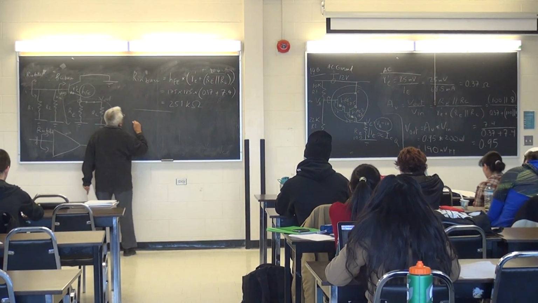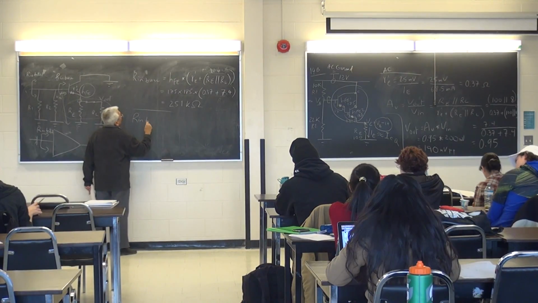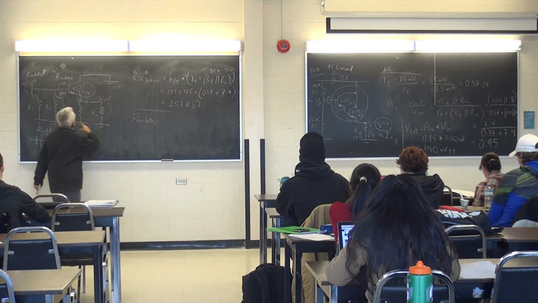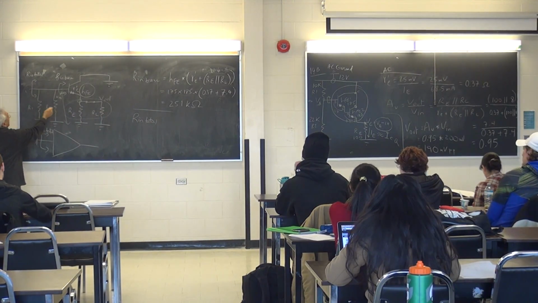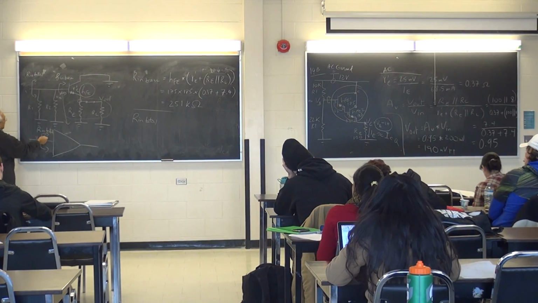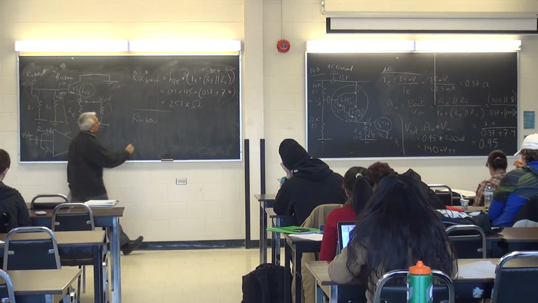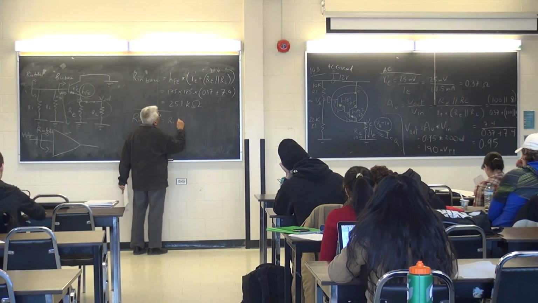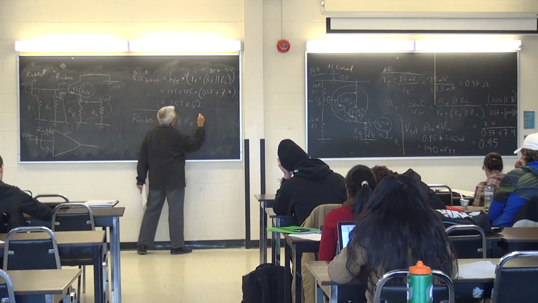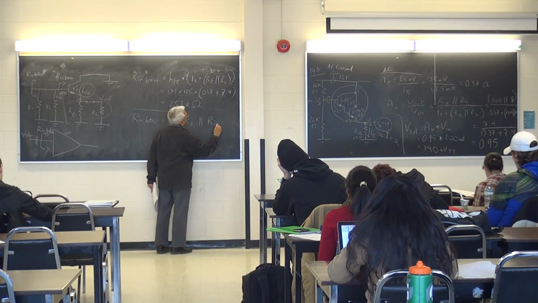R in total takes into account the R1, R2 as well, because that's what the signal really sees at the front end of the amplifier. So that's R1 in parallel with R2 in parallel with R in base.